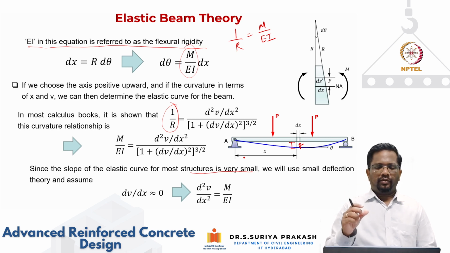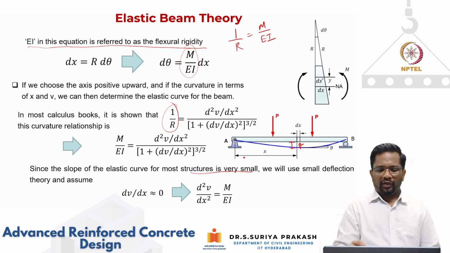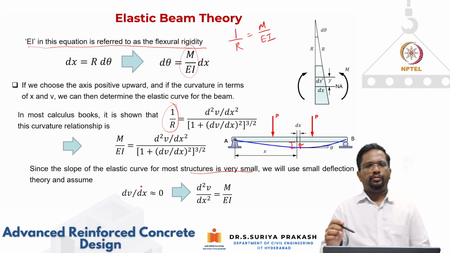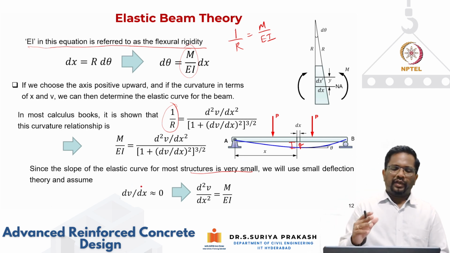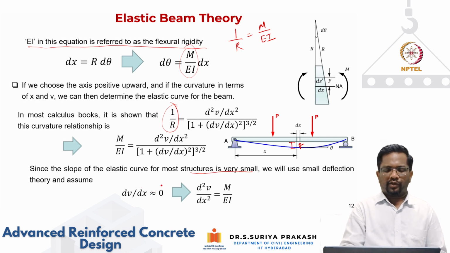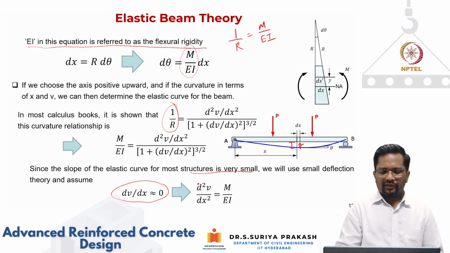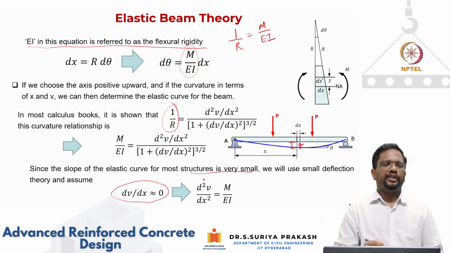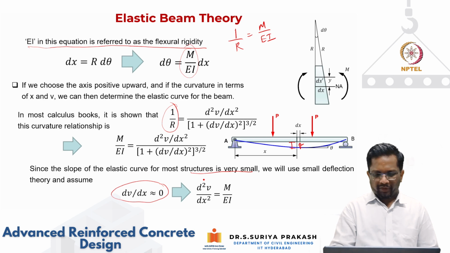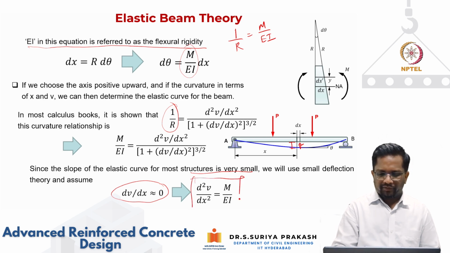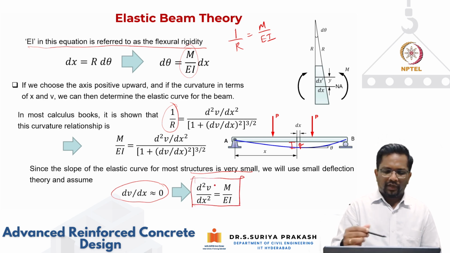If deflections are small, the slope dv by dx can be approximated to be equal to 0. So if I put dv by dx equal to 0 here, you can simplify this relationship between curvature and deflection, and M by EI will become d square v by dx square. This is the relationship between your curvature and deflection.